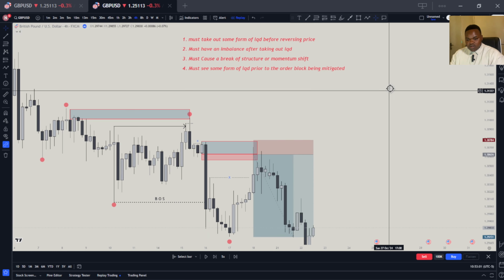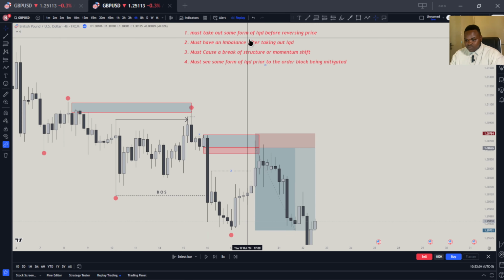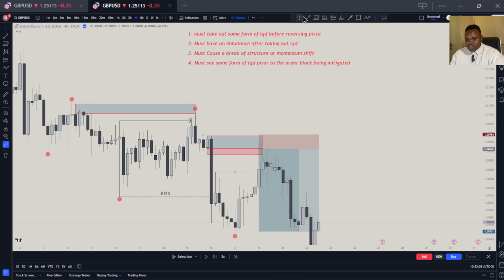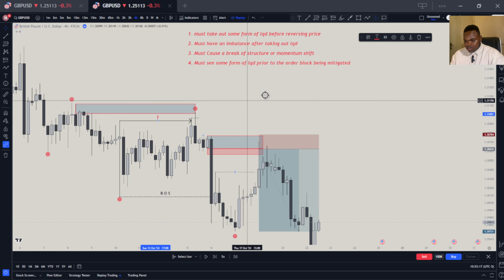So the first thing: price must take out some form of liquidity before reversing price, which is this one. This is liquidity being swept.